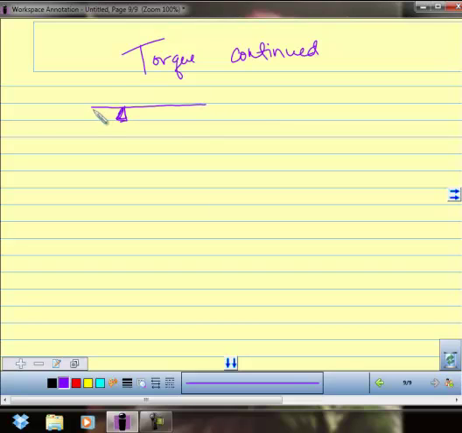If I add weights to each one, and I add them at varying distances from the pivot, then as I increase the distance from the pivot, I'm actually increasing torque.